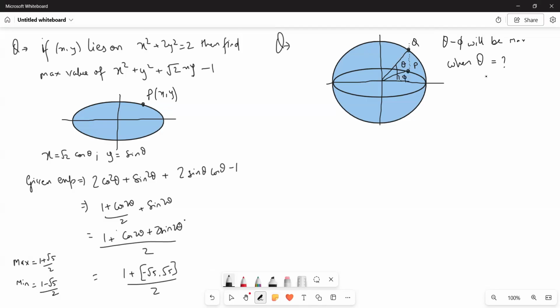So you have to find the angle theta for which the difference between theta minus phi is maximum. Phi is the angle that P makes with the x-axis. Theta is the angle that Q makes with the x-axis, the corresponding point on the auxiliary circle. So for what theta will the difference between the two angles, theta and phi, be maximum?